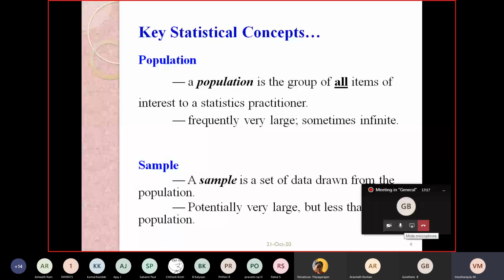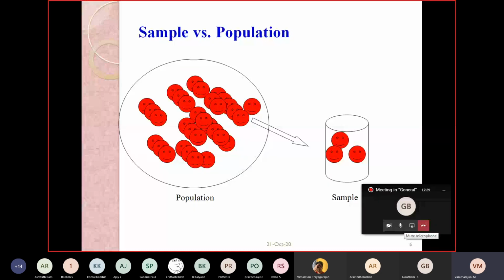Now, to understand population and sample, this picture can give a very good idea. Population: all the information in the set is the population, and the subset of the population is nothing but the sample. Assume the population is a set and the subset is the sample.